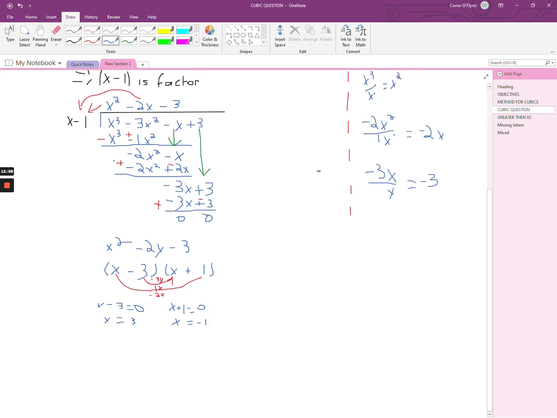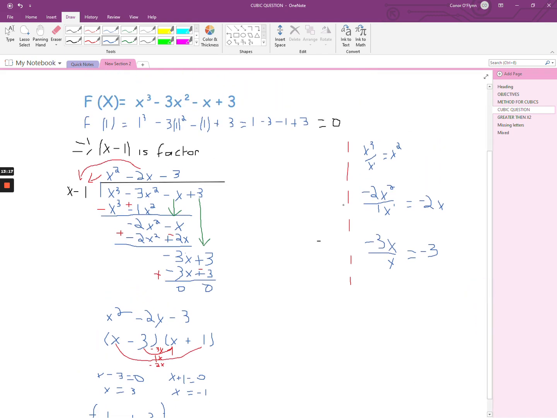And just give back your answers. What are my roots? Well, my roots are 1 from earlier on, minus 1 and 3. Let's put a bracket on that. Okay, so that's how you solve a cubic equation. Just to start again: you have to sub in whatever number, 1, minus 1, 2, minus 2, until you get a 0.